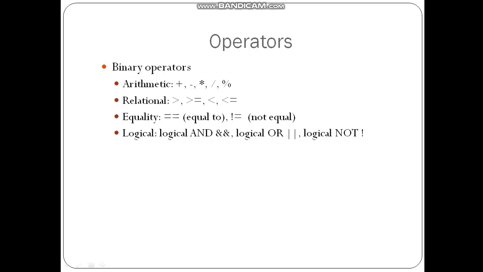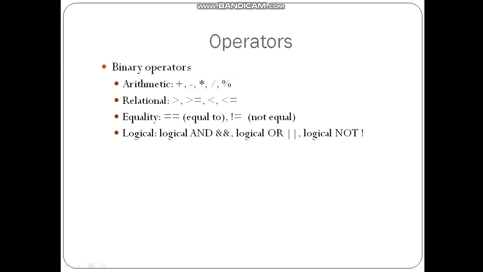Similarly, we have relational operators: greater than, greater than or equal to, and less than or equal to. Next is the equality operator. Suppose I want to find whether A is equal to B or not, then I will use double equal. We don't use a single equal, we use double equal. The not equal to symbol is an exclamation mark and one single equal.